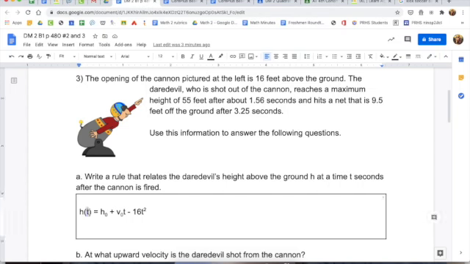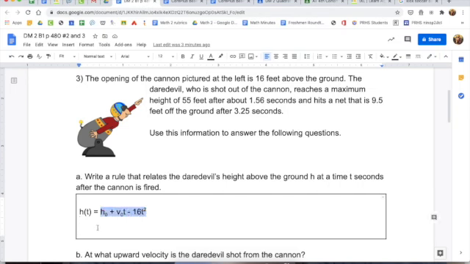In this equation, t is the variable inside our equation, and h is what we're looking for. So if this was an x and y equation, t would be x and h would be y. So what I'm going to try to do is make this equation here.